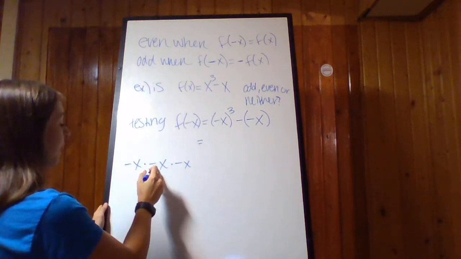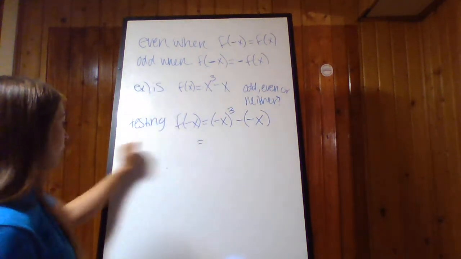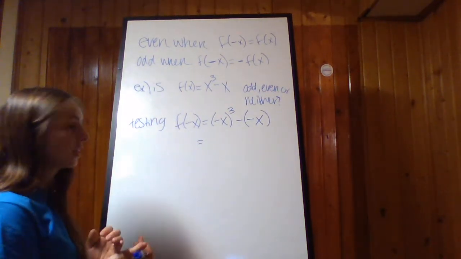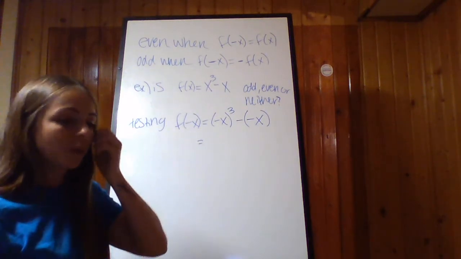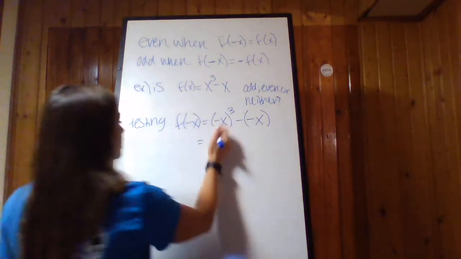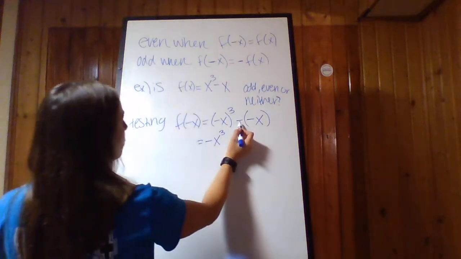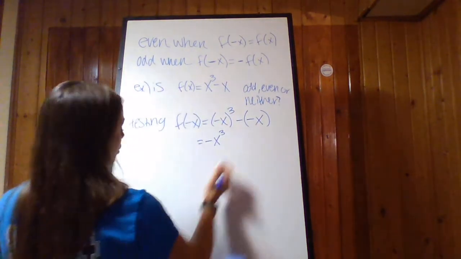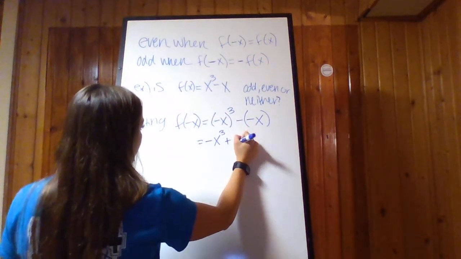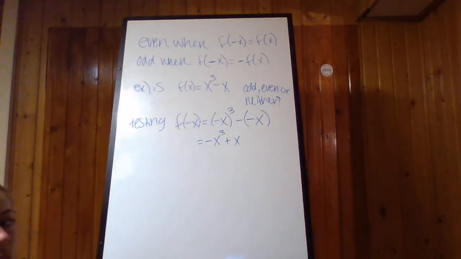Two negatives make a positive, positive and negative makes a negative. So when your exponent is odd, it's going to remain negative. When it is an even exponent, it's going to turn positive. So this remains negative x cubed. Now we have a double negative, so subtracting a negative makes adding a positive. So now I have negative x cubed plus x.